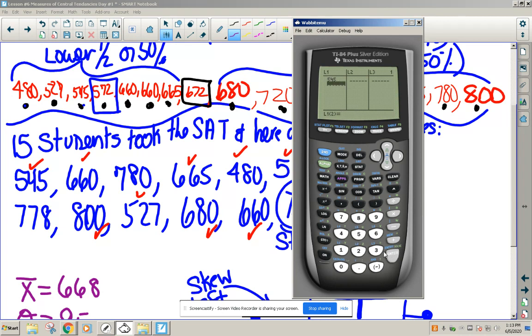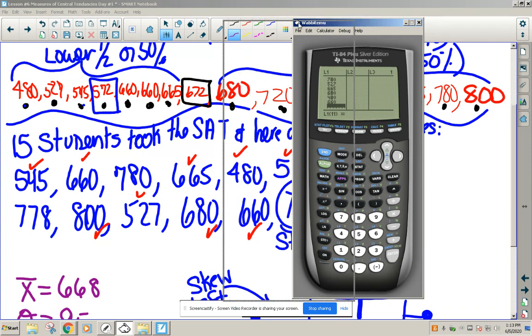So I see 545 and 778 below it. Then I have 660, and then I have 800, and then I have 780, and 527. And then I have 665 and 680, 480, and 660.